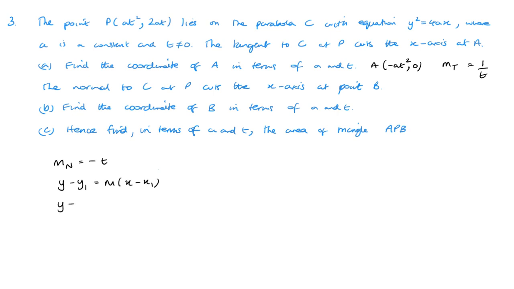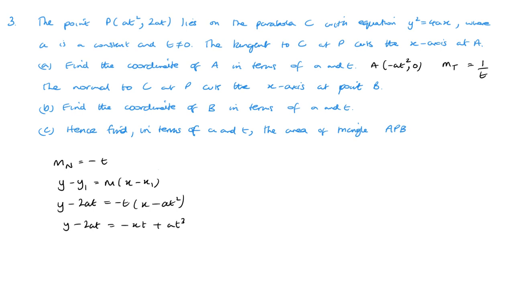So y minus 2at equals minus t times x minus at squared. So y minus 2at equals minus xt plus at cubed.